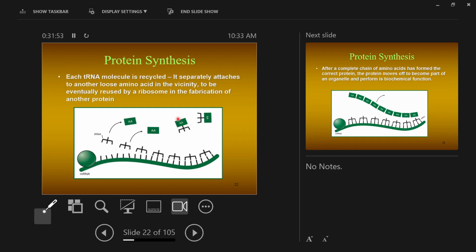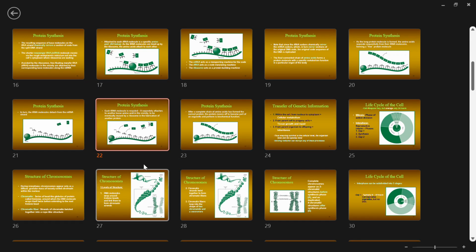New amino acids get attached. And they're ready to be reused again. These are now ready to be reused and make a new protein. Yep. This mRNA strand is going to be dissolved by the cell of your body and completely reabsorbed and reused. So everything's repurposed, recycled.